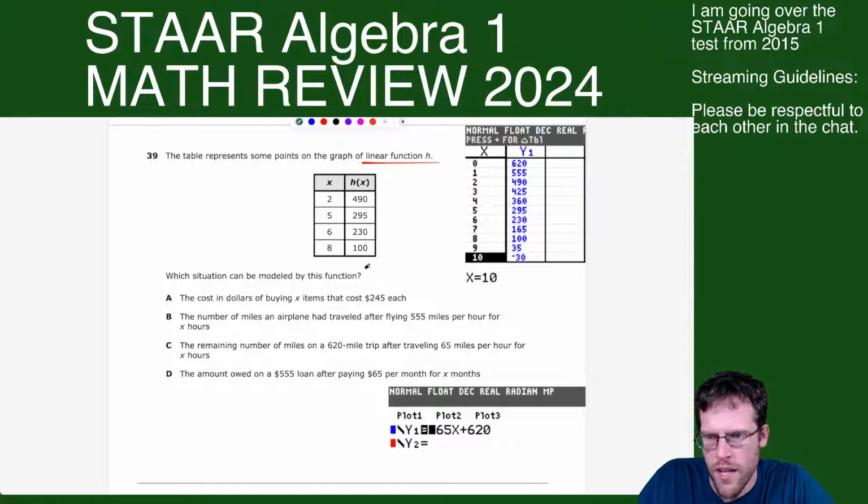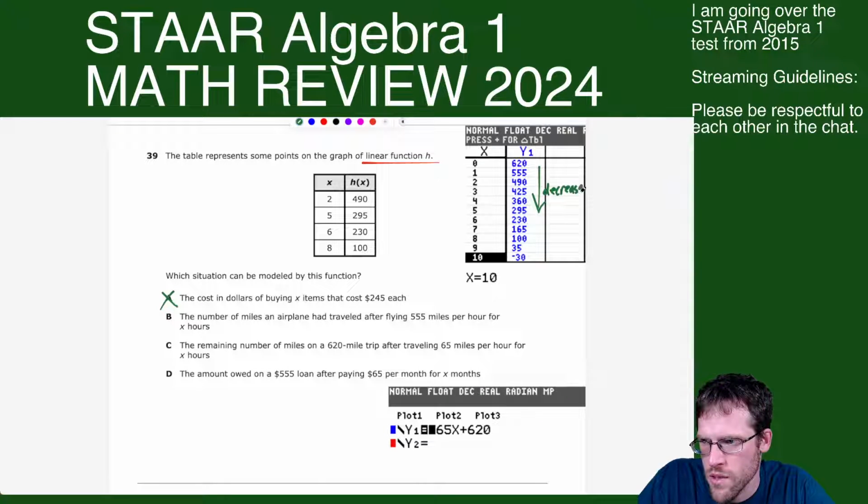So which situation can be modeled? The cost in dollars of buying X items that cost $245 each. Yeah, that one is not looking good. Why? If you buy X items and they're $245 each, that means that this column would increase. But notice that these values here are decreasing.